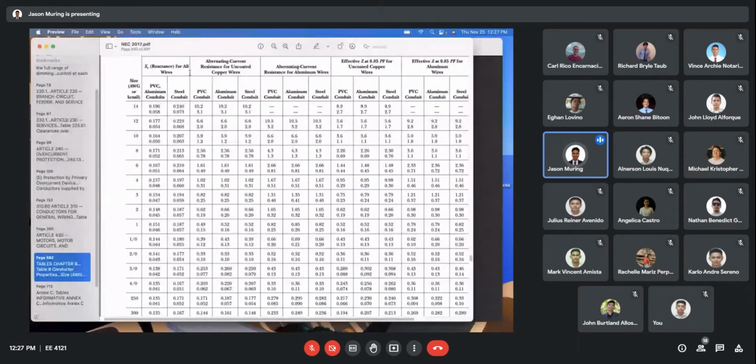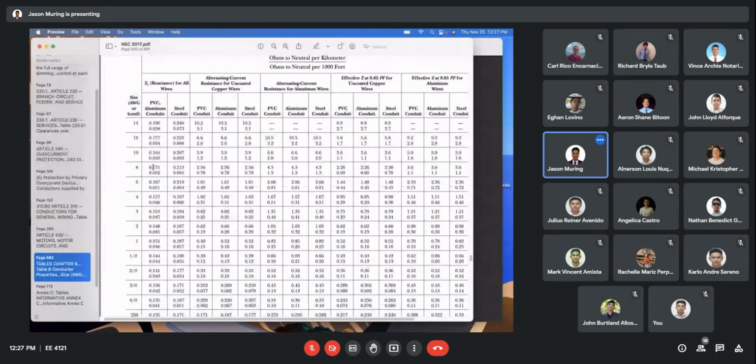If you look at this column, this is the reactance for all wires. Then you also have to consider the conduit that you are going to use. If you are going to use steel conduit, you base your calculation on these values.